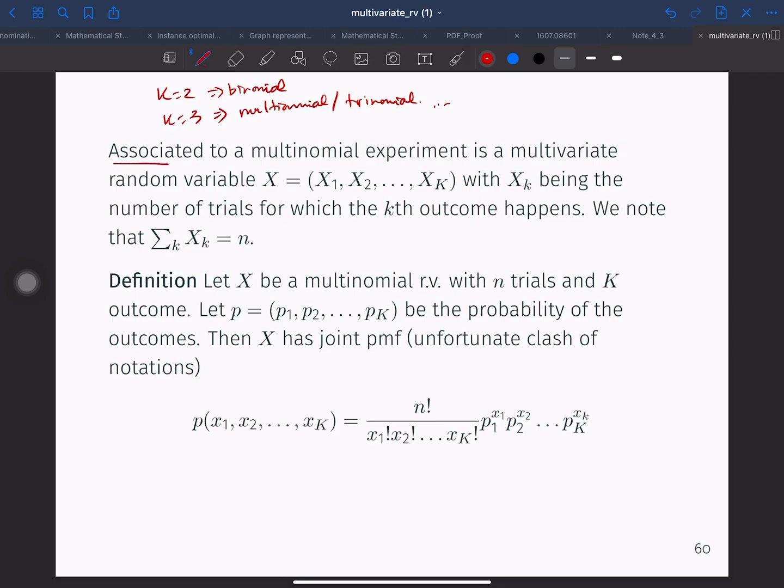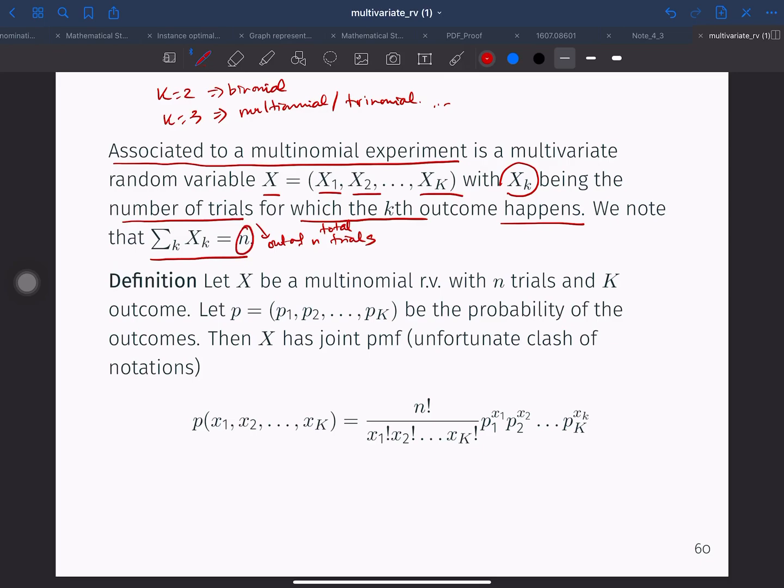So associated to the multinomial experiment is a multivariate random variable X, which is X1, X2, up to X capital K, where X_k is the number of trials, out of the n total trials, for which the little k outcome appears. And so the sum of all these X_k from 1 up to capital K has to be equal to n, the total number of trials. In that case, we say that capital X is a multinomial random variable with n trials and capital K outcomes.